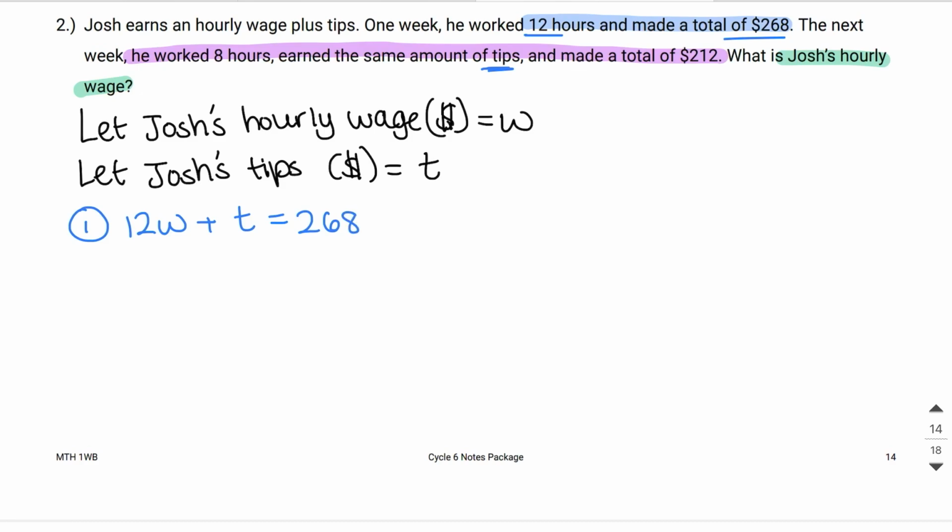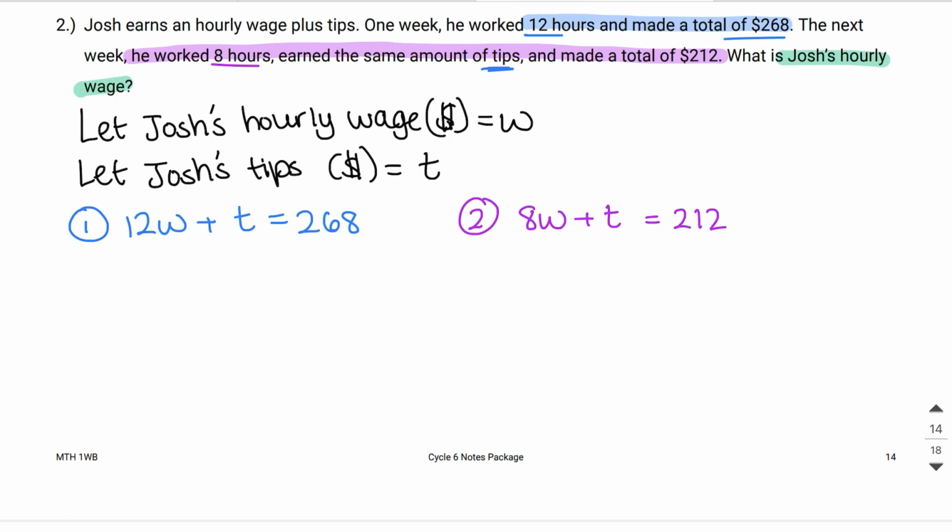Pause the video and try to see if you can write the second equation. Okay, in the second equation, it said he worked 8 hours, so 8W, same amount of tips, and he earned $212.